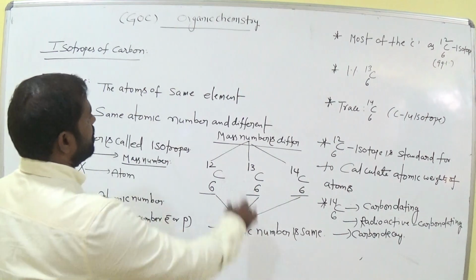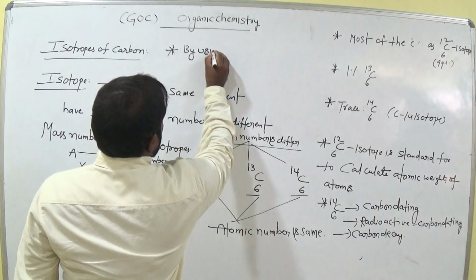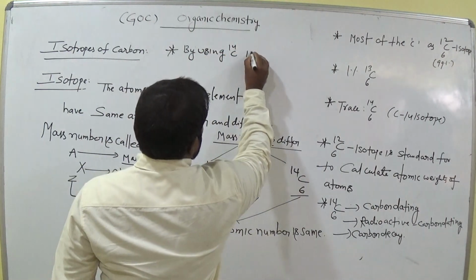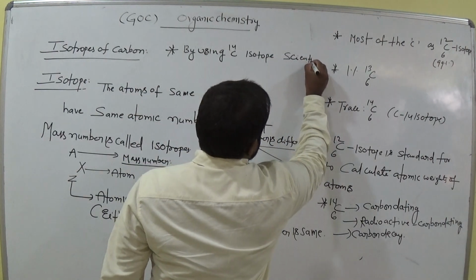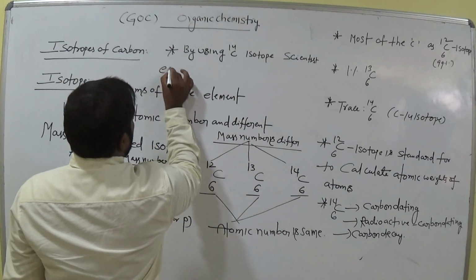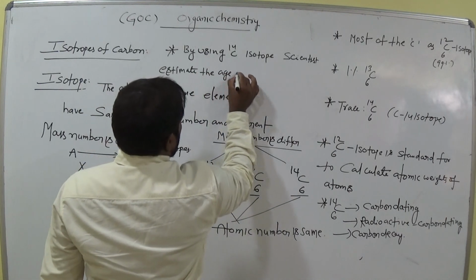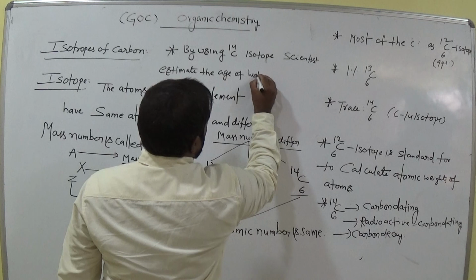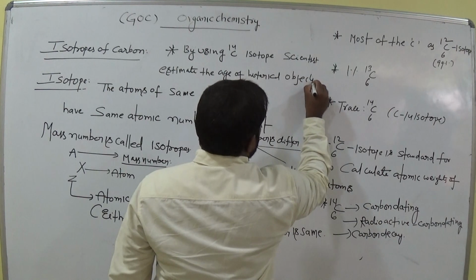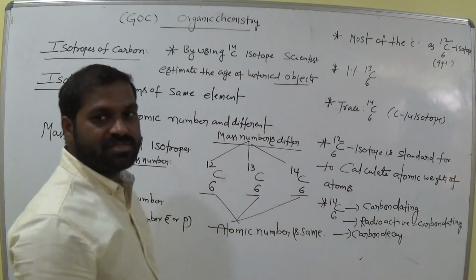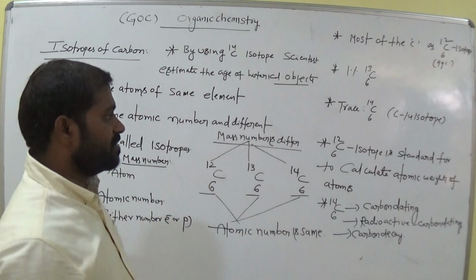Note that by using C14 isotope, scientists estimate the age of historical objects, maybe stones or statues, and trees too, they can calculate the age of a tree also.